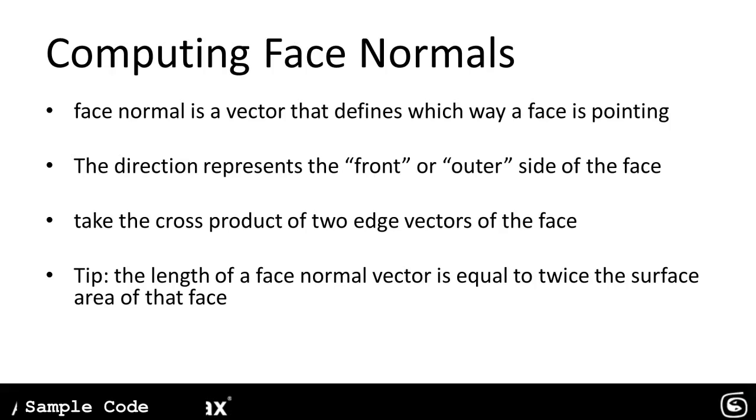And the length of a face normal vector is equal to twice the surface area of that face. That's just a little tip to understand how the face area is also computed. It's just how the internal algorithm works. You can use the length of the face normal vector, which is equal to twice the surface area of that face.